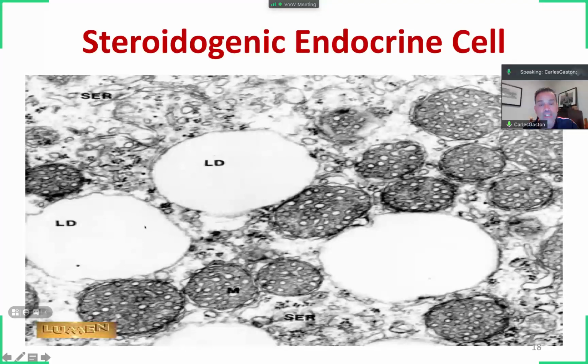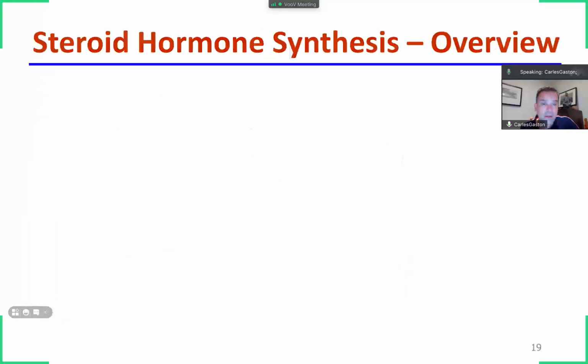This type of cell, you don't see it in a normal peptide producing cell because the function of the endocrine steroidogenic cell is to produce steroid hormones which are based on cholesterol or lipid.